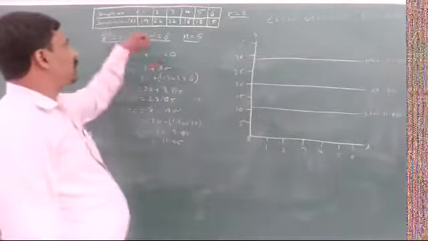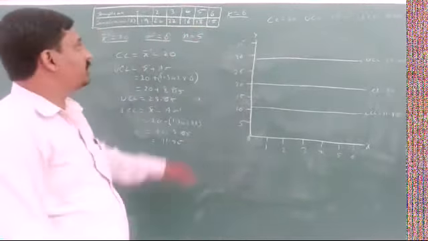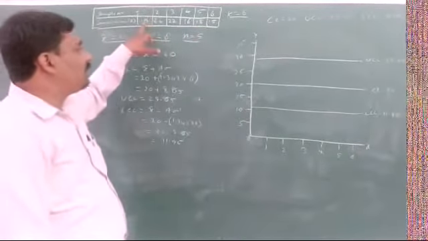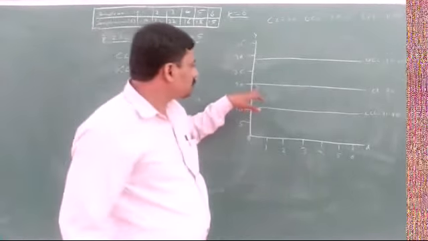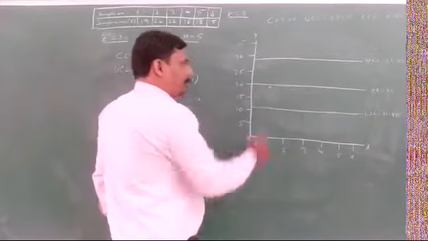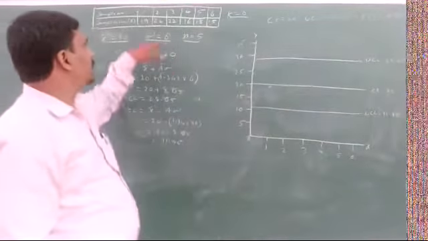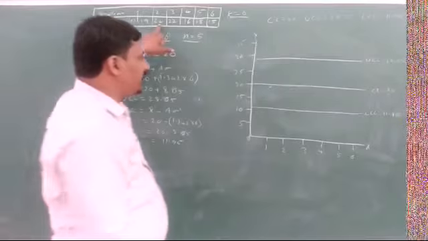Now plot all the values given in the table here in the graph. So for the first sample, the value is 19. So 19 means it's just below the central line. Then the second sample, the X bar value is 24.